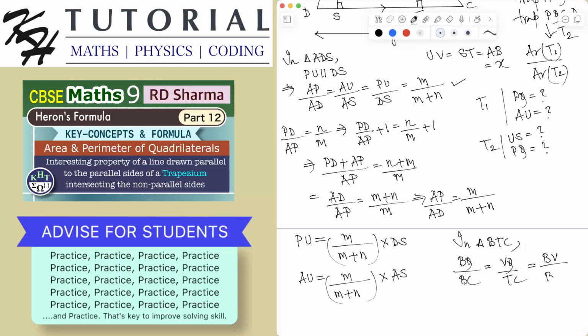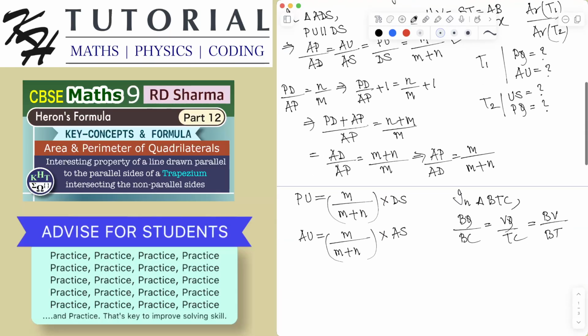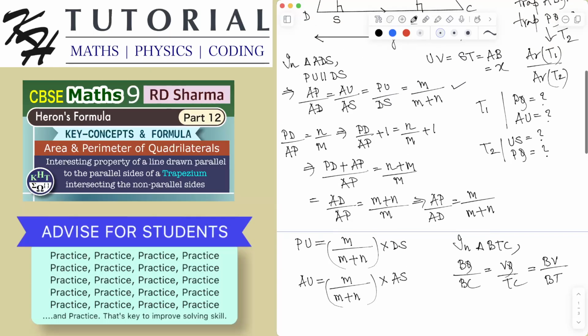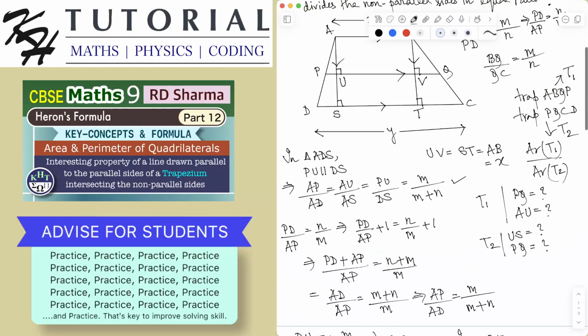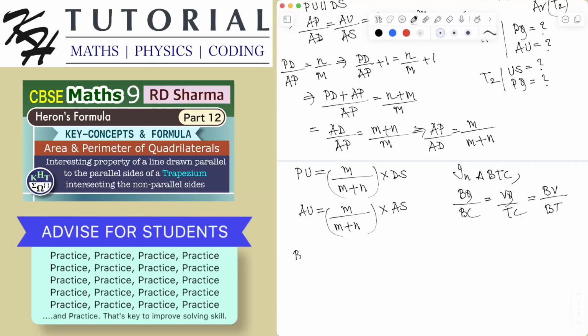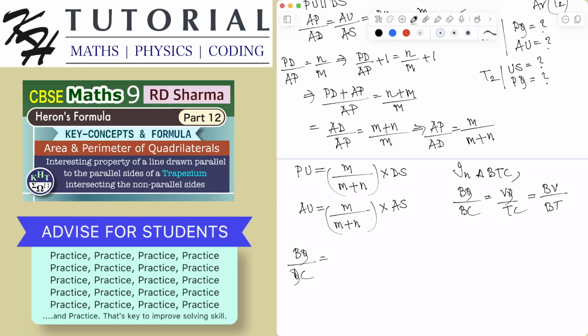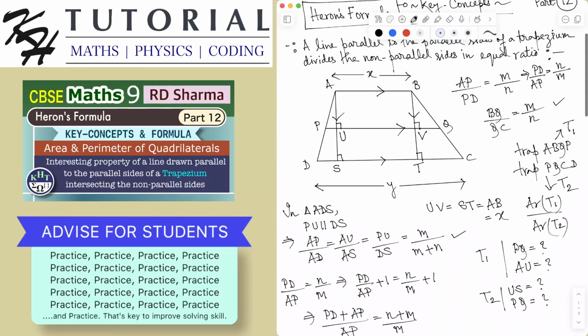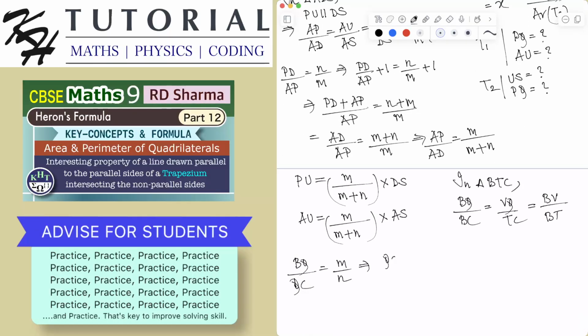And we know that BQ by QC was given as M by N. So this implies QC by BQ is equal to N by M.